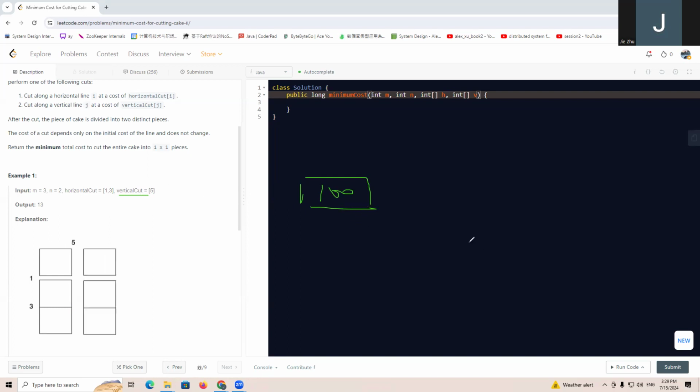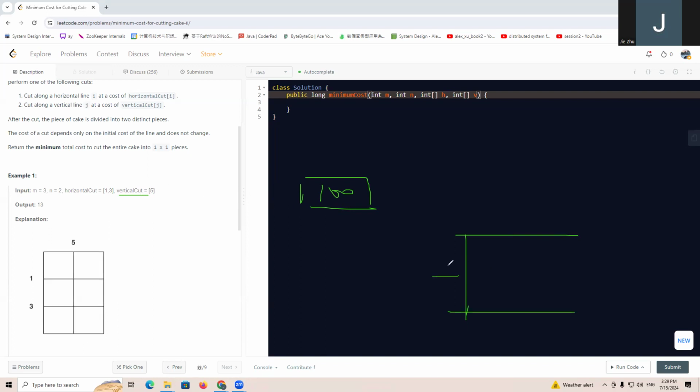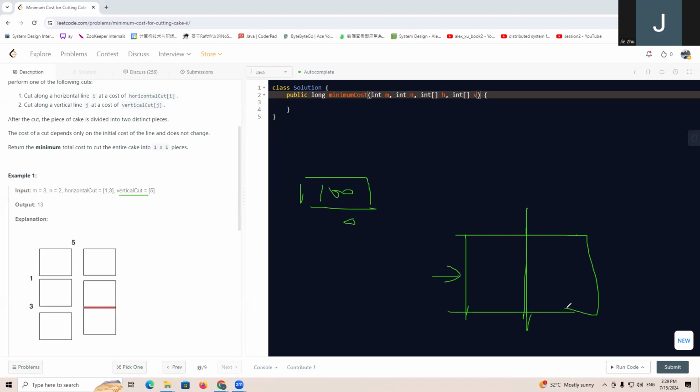And currently the horizontal, it is only one horizontal piece, right? So if we cut the vertical cut at the beginning, for example this very high one, then we'll see this kind of vertical cut will only be cut once, right? And also the horizontal one, right? If we have a vertical cut, the horizontal will increase by 1, right?